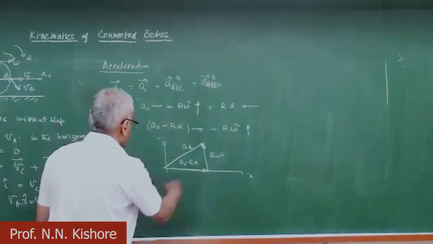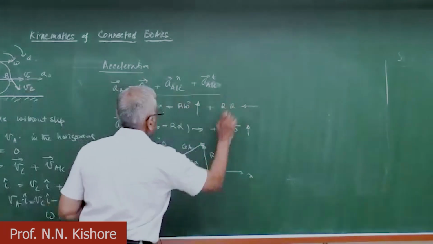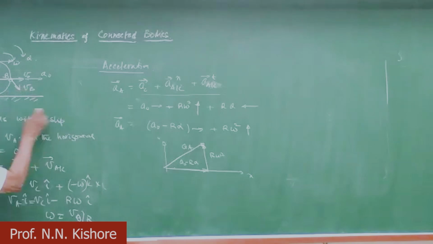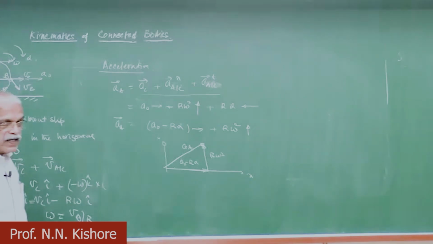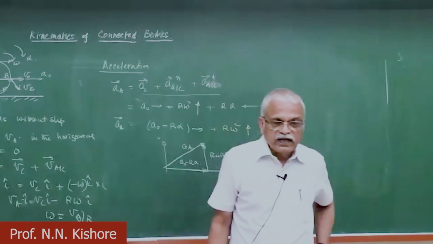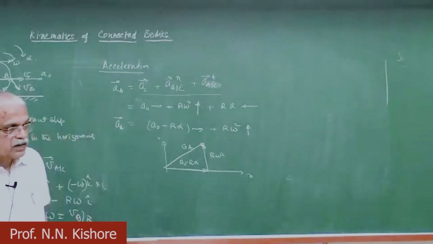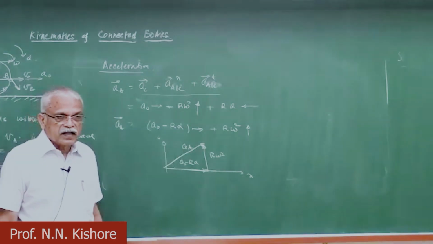In fact, since many things are coinciding here, we can even write many of these components separately. So interestingly, this point A is having an acceleration like this one. So the velocity of A is 0, but the acceleration of A is not 0. It has certain components, both horizontal and vertical components.